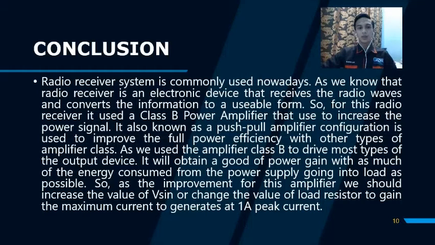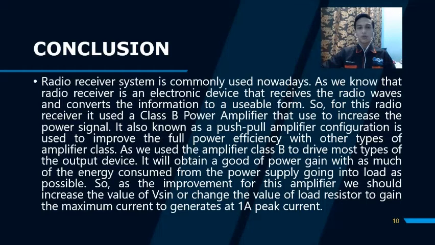Firstly, the conclusion. The radio receiver system is commonly used nowadays, as we know that a radio receiver is an electronic device that receives the radio wave and converts the information to a usable form. So, this radio receiver uses a class B power amplifier that is used to increase the power signal.